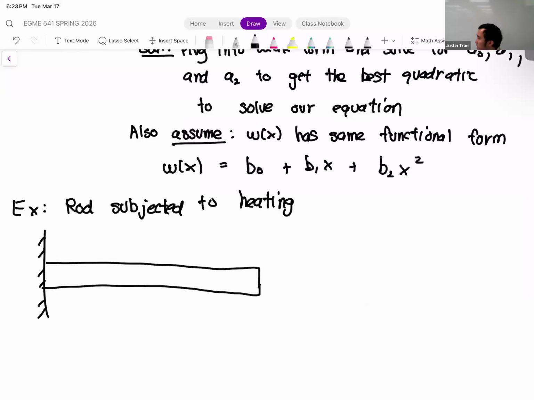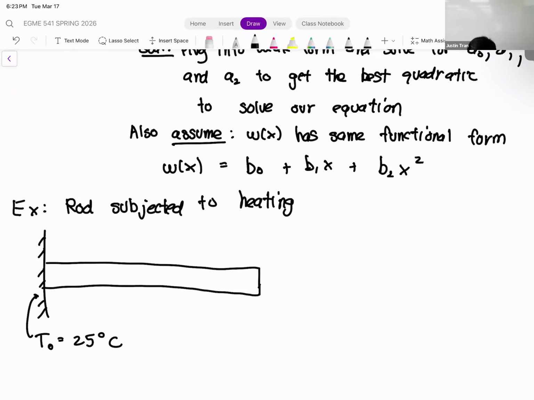I know it looks just like a beam, right? But we're looking at this from a heat transfer perspective. At the wall, we're going to say that we have a fixed, an assigned temperature. So T at the wall is equal to 25 degrees Celsius. You can see we have a prescribed boundary condition there. We have a Dirichlet boundary condition at the wall.